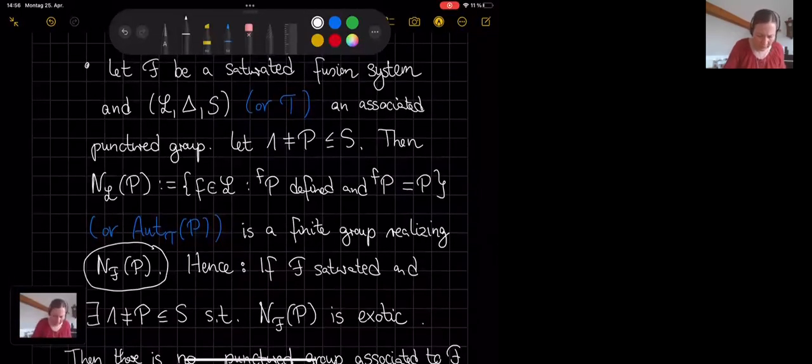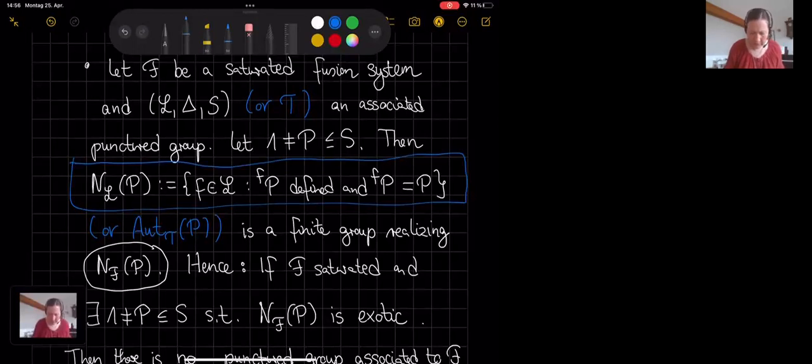So if I look at a locality, then I would have to look at the normalizer here, which is basically defined as in groups. Just that one has to be a bit more careful because conjugation is not always defined in localities. Yeah, but if a conjugate of P under f is defined and equal to P, then we say that f is in the normalizer in L of P.